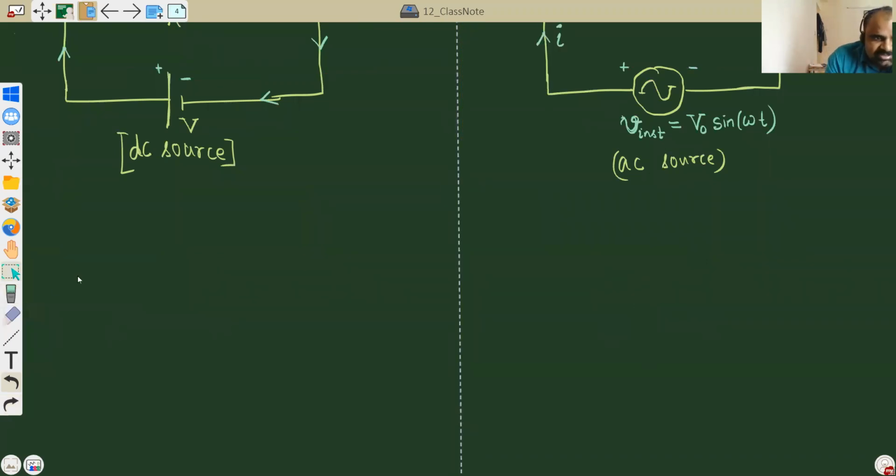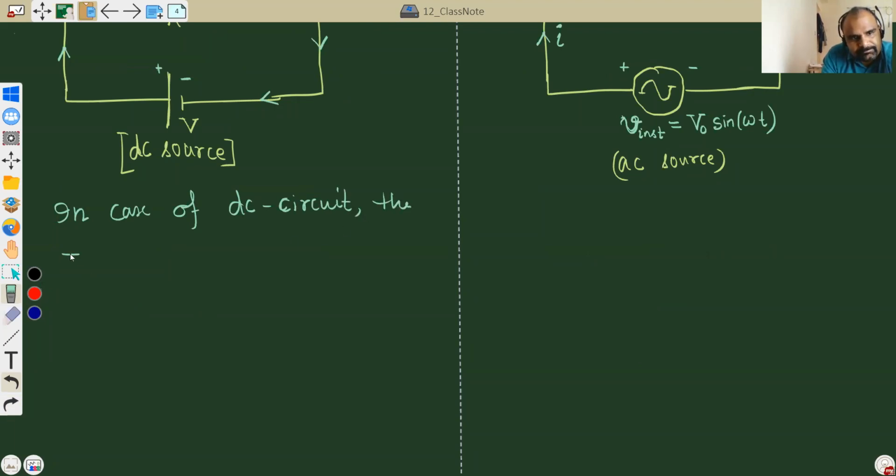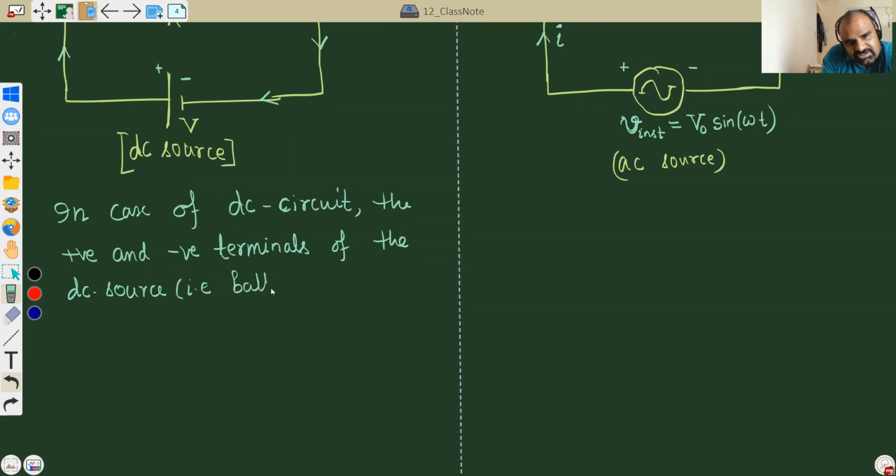So I'm going to write here that in case of DC circuit, the positive and negative terminals of the DC source, that is actually called battery, DC source is just another name of battery, are fixed.